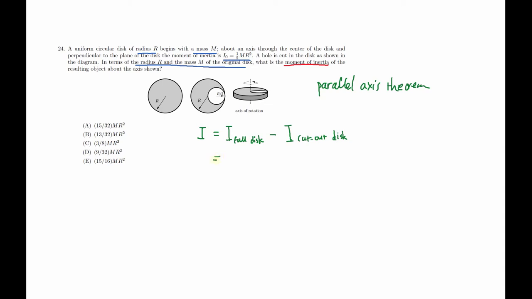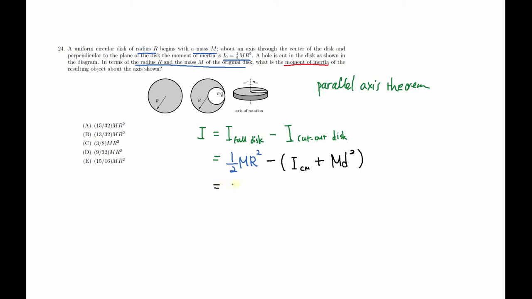Alright, so obviously the full disk was given by the formula, or some of you might have memorized it already. So you want to just write 1/2 mr squared, and then we have minus, and based on the parallel axis theorem definition, we're going to have the I, C, and the center of mass of our cutout region plus the mb squared.